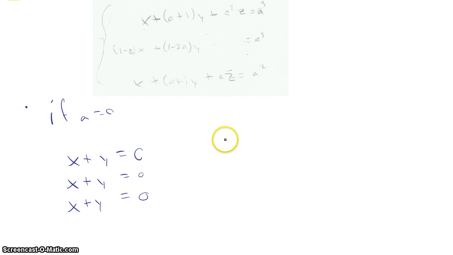So that is just like a line where I got y equals minus x.